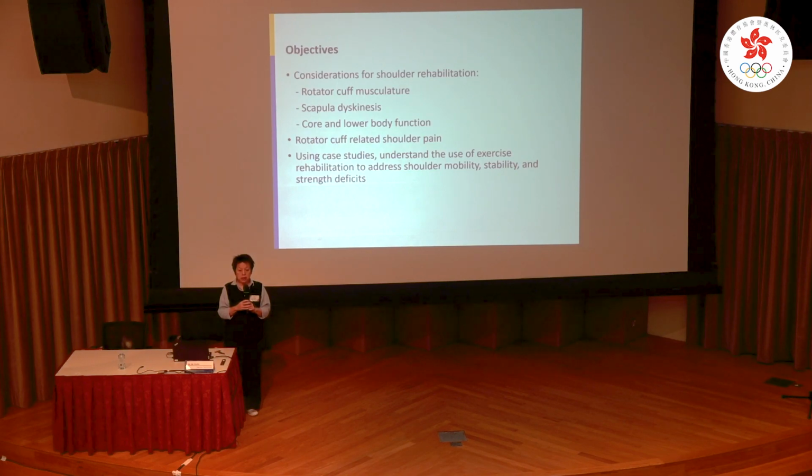I have a couple of case studies to show you, one of a shoulder dislocation and the other of a person who had a rotator cuff tear and how they went through rehabilitation and were able to return to their sports successfully. Hopefully that will give you some understanding about the use of exercise to address people with strength, mobility and stability deficits.